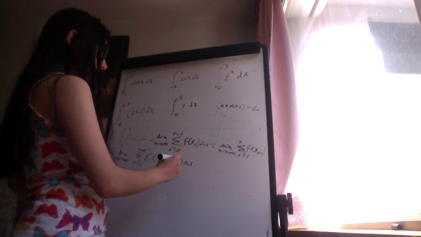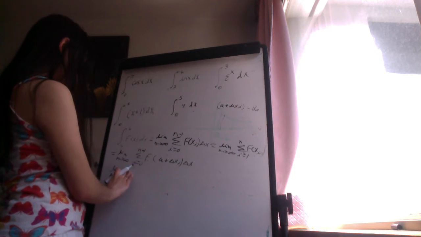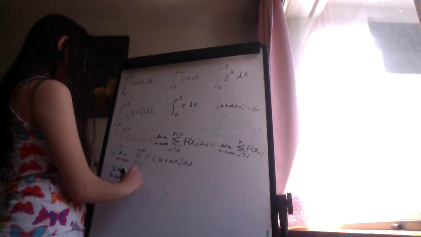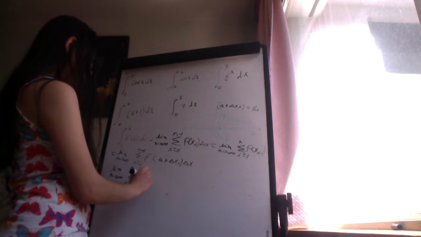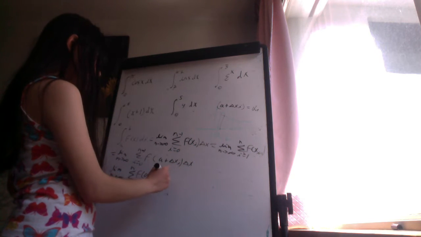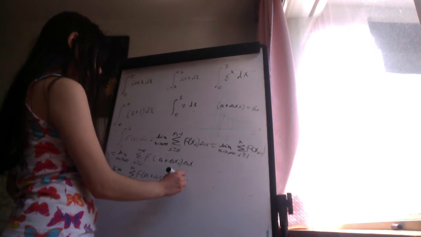And this is the same as the limit as n approaches infinity of the sum from i equals 1 to n of f of a plus delta x, instead of multiplying times i, times i minus 1, and everything times delta x.